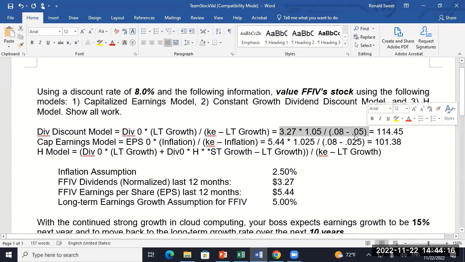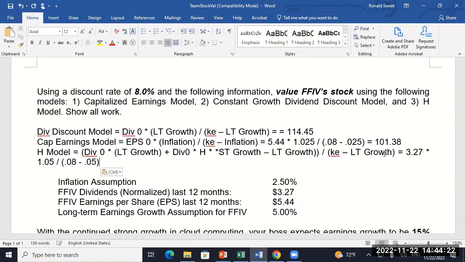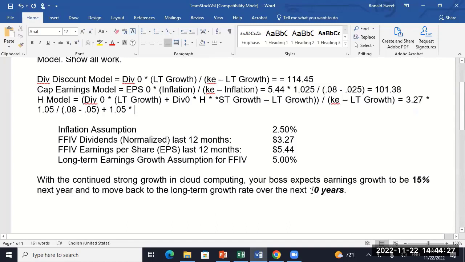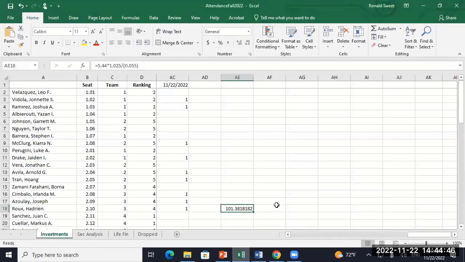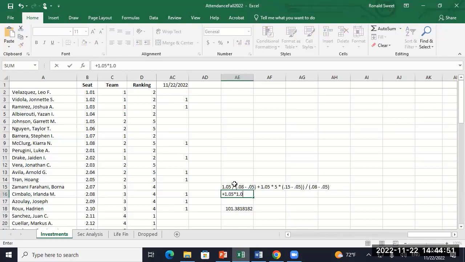So let's try it. What was the H here? 5, because they said over 10 years, so you take half of that. And I can't possibly remember all of that, so. Wait, what did I do?